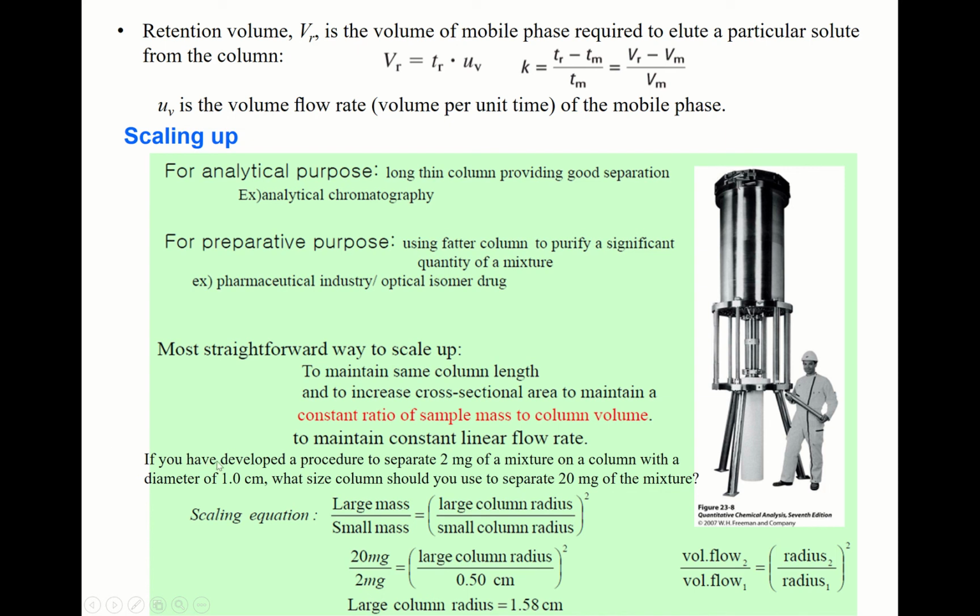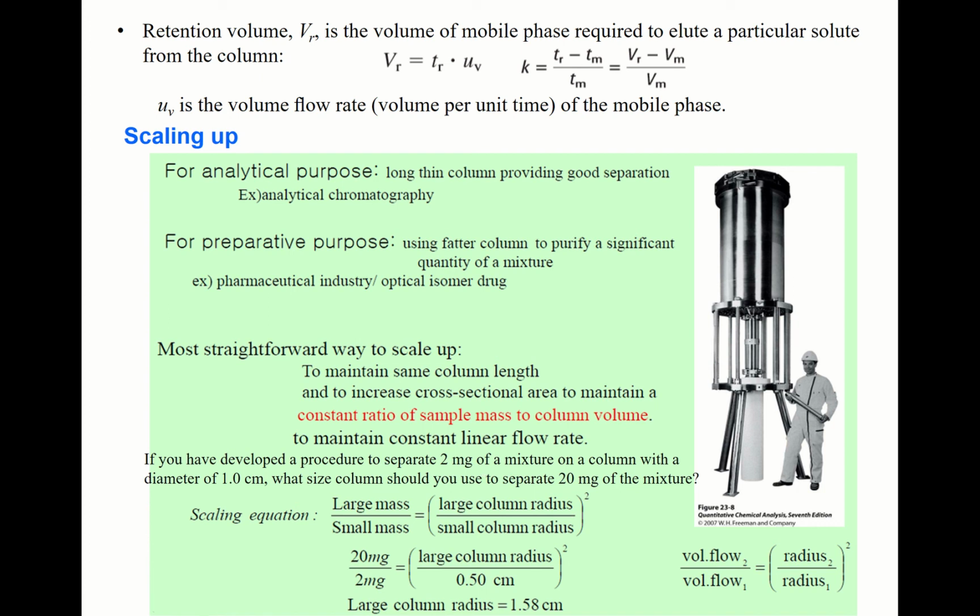If you have developed a procedure to separate 2 milligrams of mixture on a column with a diameter of 0.5 centimeters, what size column should you use to separate 20 milligrams of the mixture? The column length is the same.